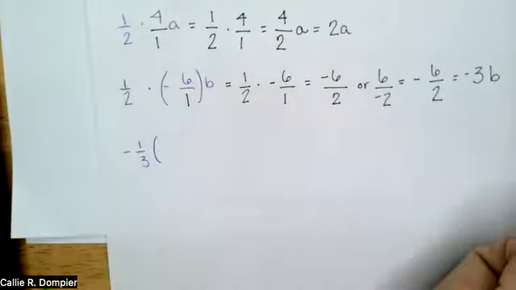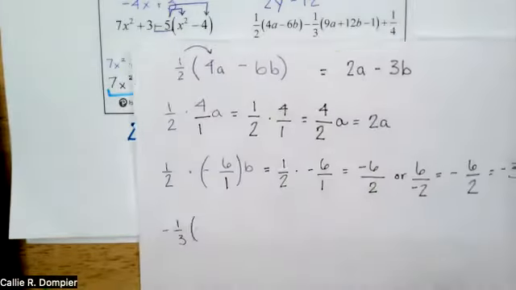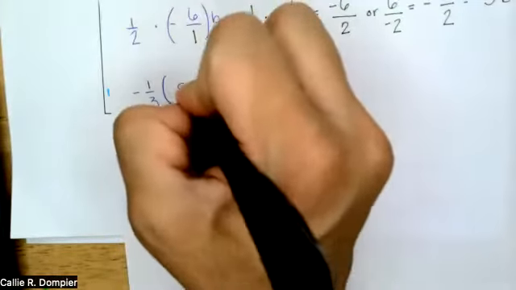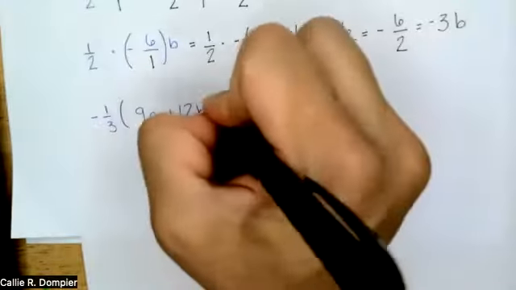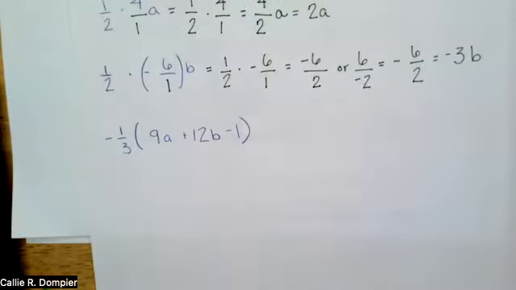-1/3 times the quantity 9a plus 12b minus 1. Good.